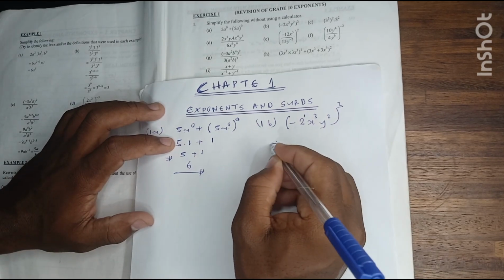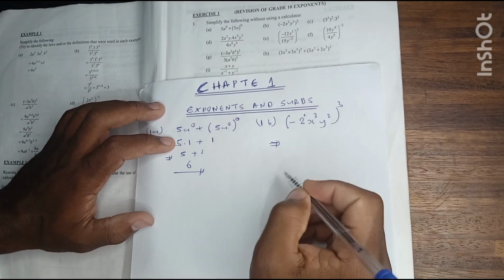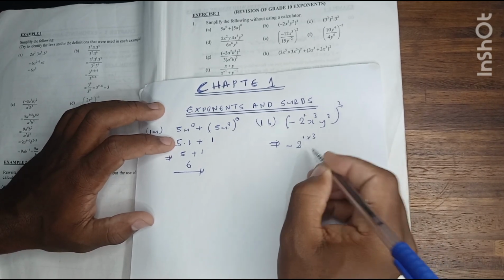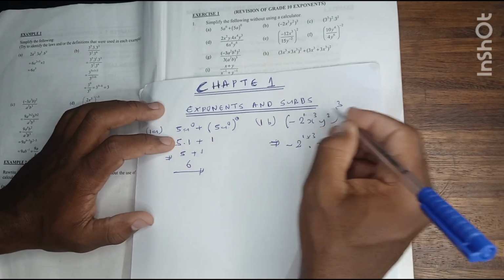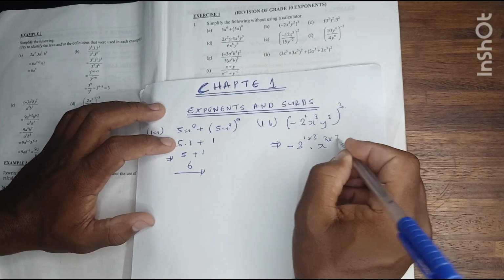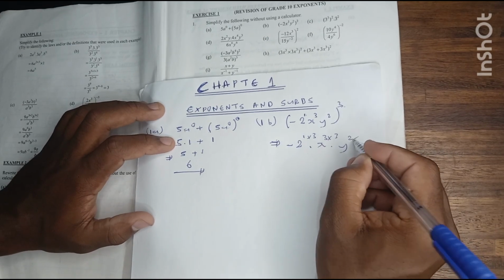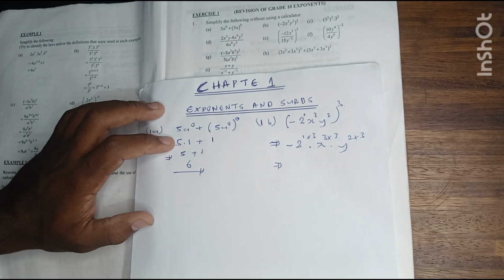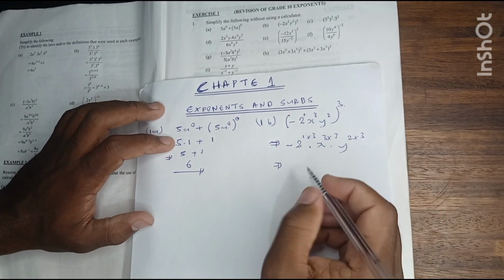So I'm going to say 1 times 3 for the negative 2, multiplied by, the dot means multiplied, x to the power of 3 times 3, dot y to the power of 2 times 3. From there we get our answer. Let us multiply the exponents.